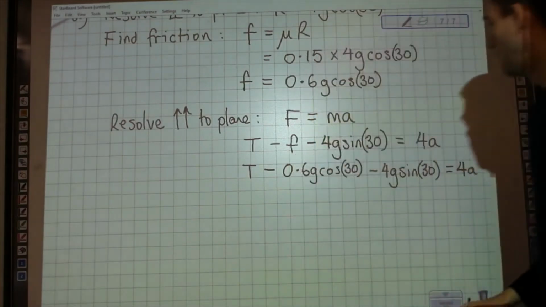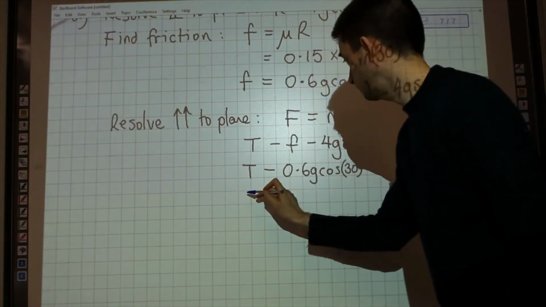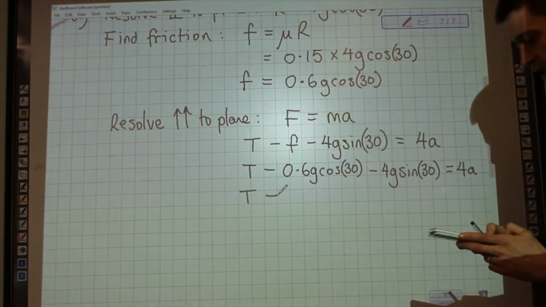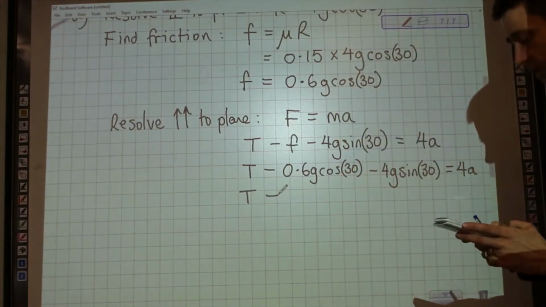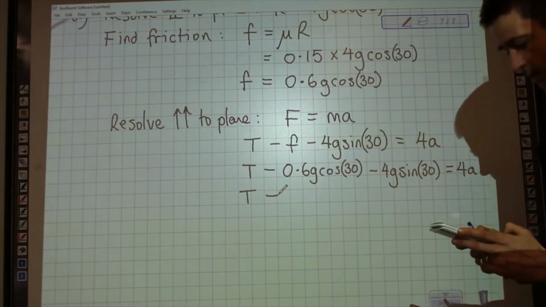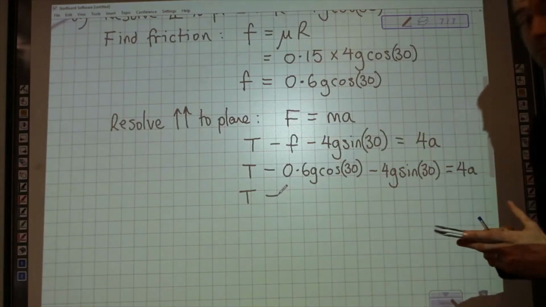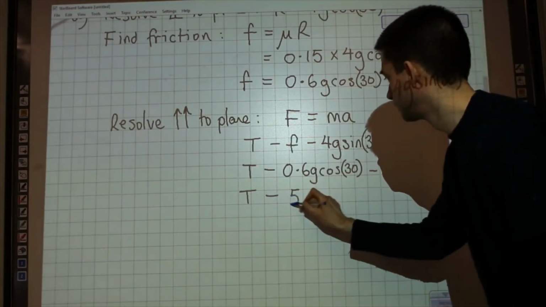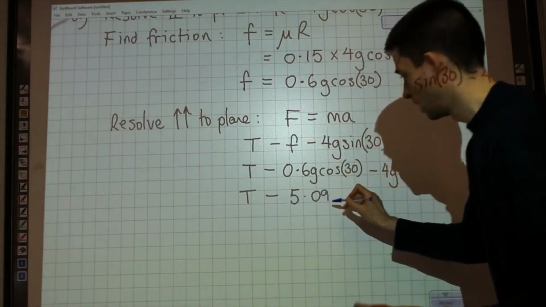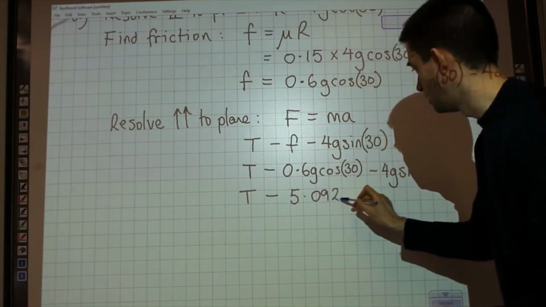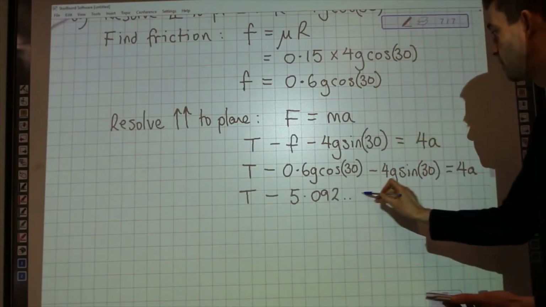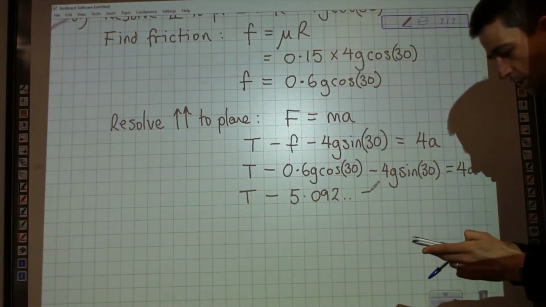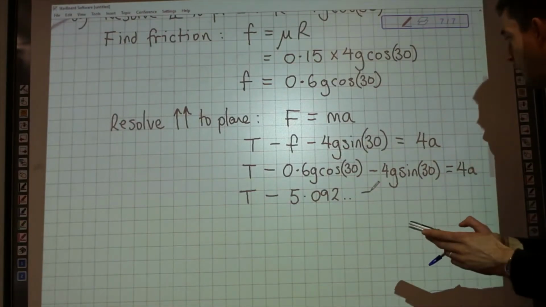At this stage I'm going to start calculating values. So 0.6g cos 30, so 0.6 times 9.8 times cos 30, making sure that my calculator is in degrees mode. 5.092, and I'm going to keep that value in my calculator so I can use it later on. So I'm going to store that.